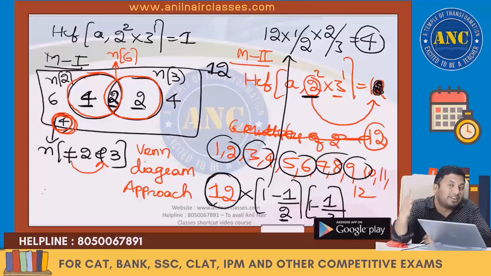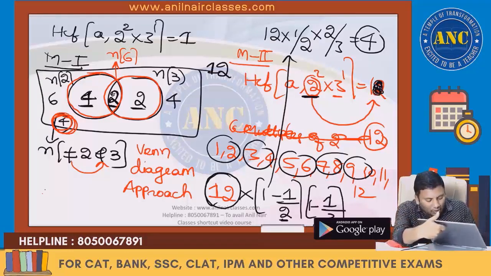6, 7, 8. In these 3 numbers, 6 is divisible by 3. How many are not divisible by 3? 2 out of 3. 10, 11, 12. 12 is divisible by 3. How many are not divisible by 3? 10 and 11. Out of every 2 consecutive numbers, one number is divisible by 2.